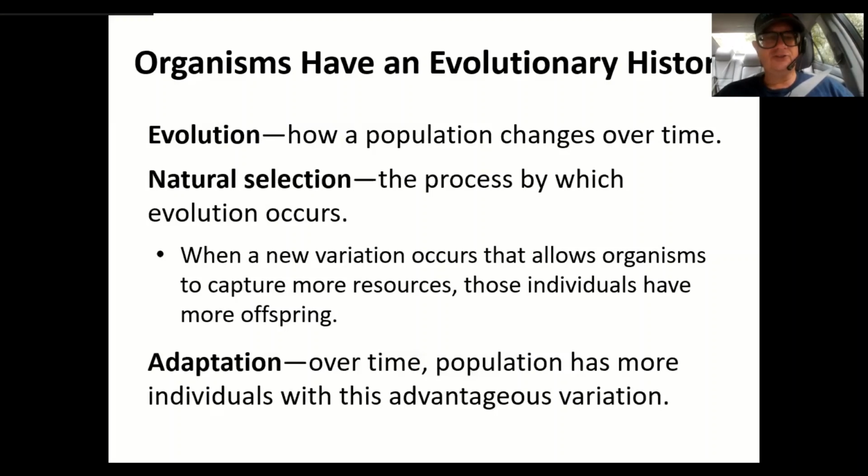All right, so natural selection is the process by which evolution occurs. Basically, when a new variation occurs, it allows individuals to capture more resources. They have more offspring. I'm going to add a caveat. Usually. What if that same mutation also made them sterile?